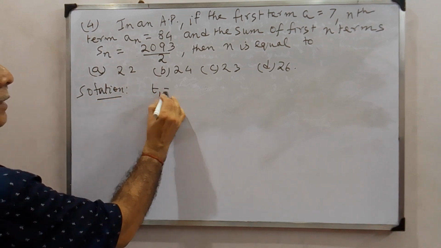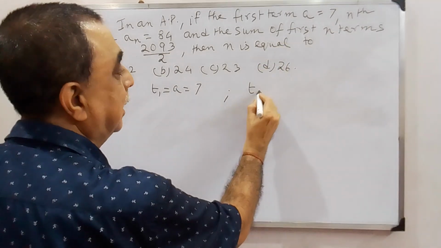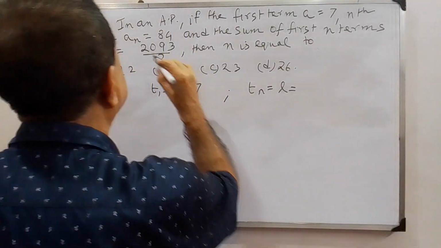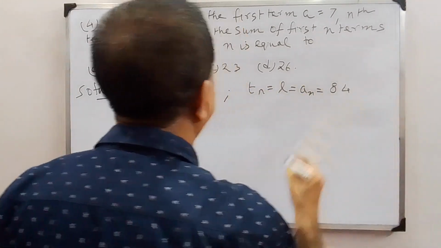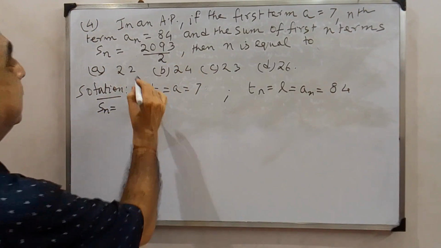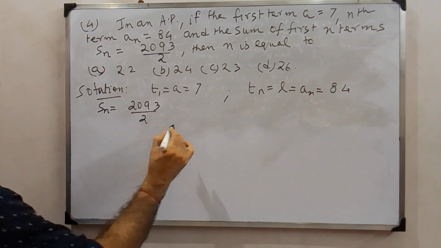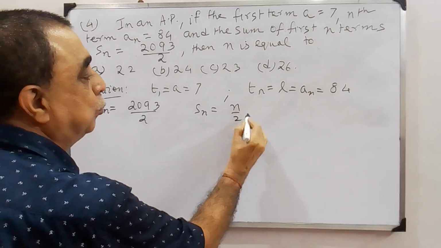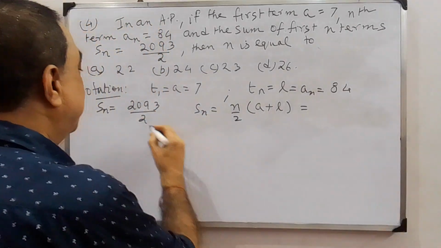Here the first term A has its value given as 7, and the nth term, that is the last term, denoted by the letter L, has its value an given to us as 84. The sum of the first n terms is denoted by Sn, and its value is given to us as 2093 divided by 2. So we know the sum of n terms is n by 2 times the first term plus the last term.